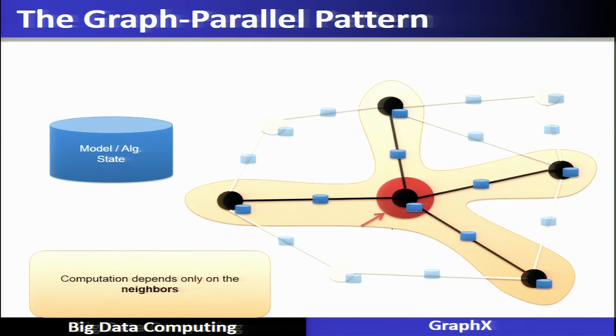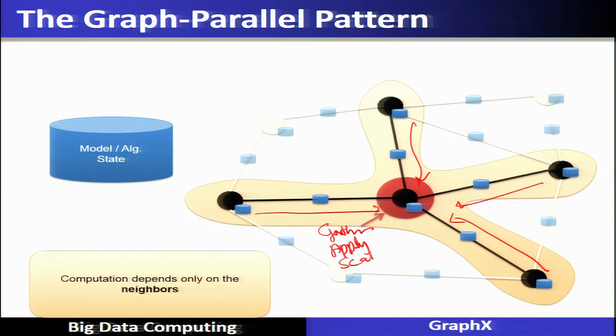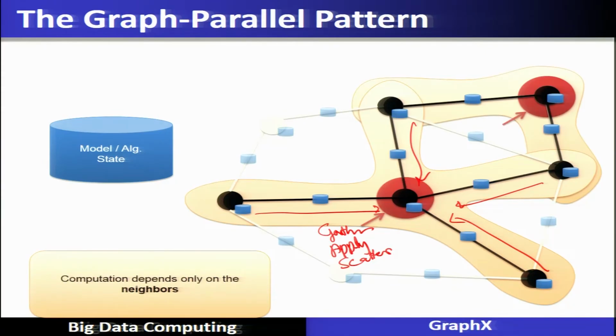Computation in most graph algorithms depends upon the neighbor nodes. So it will gather the information from the neighbor nodes, perform the computation, that is apply, and then scatter this information which has been computed for updating at all the ends.